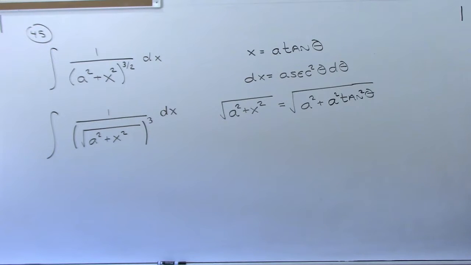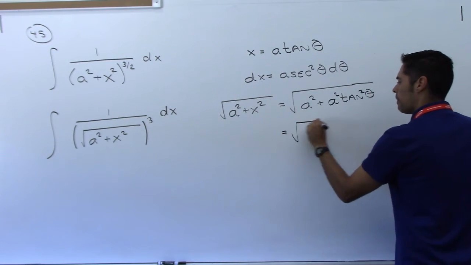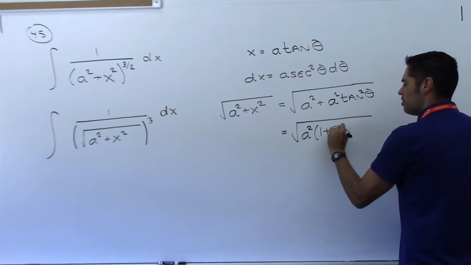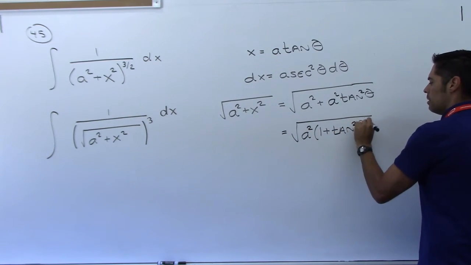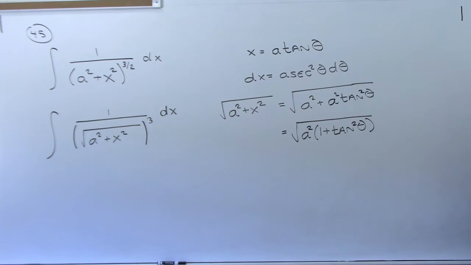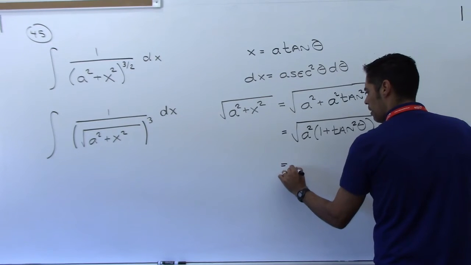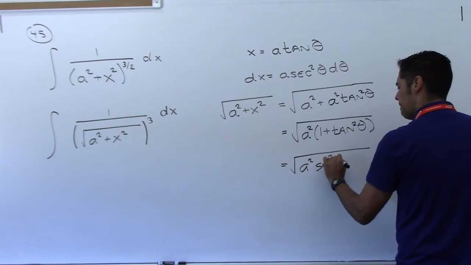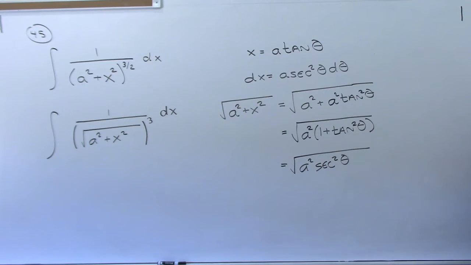What can you factor out of both of those? a squared. You're left with 1 plus tangent squared theta, and 1 plus tangent squared theta is really secant squared theta. And that's just a secant theta.